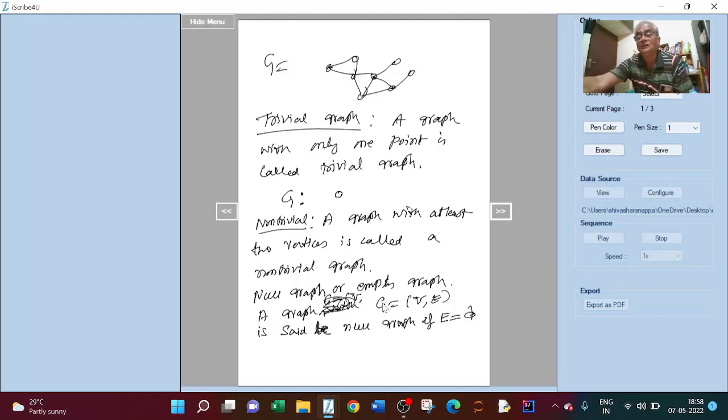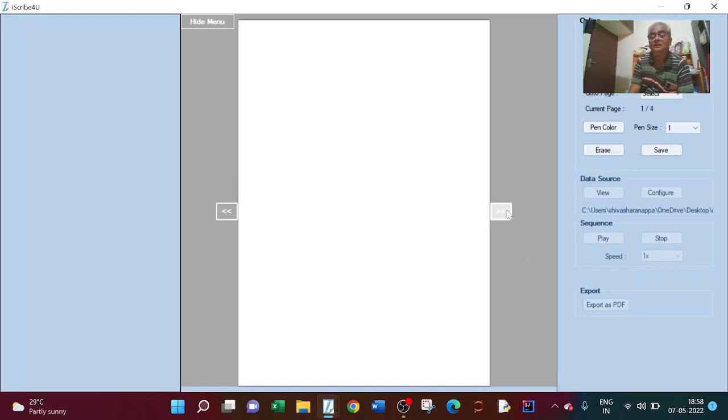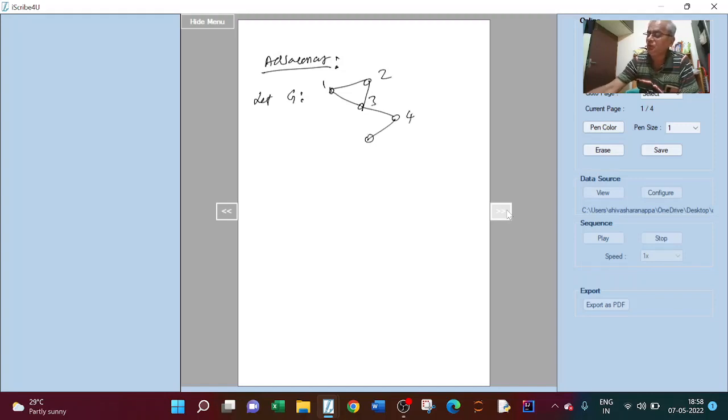Now let us go to adjacency. Let me consider a graph like this, with vertices 1, 2, 3, 4, 5.